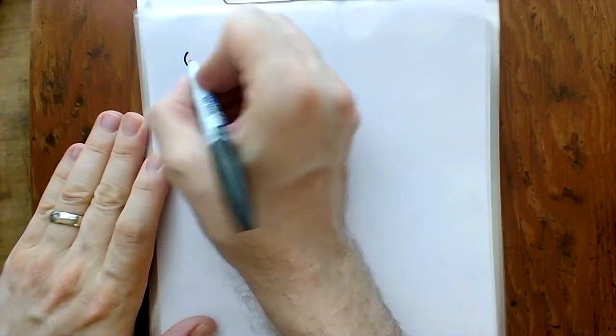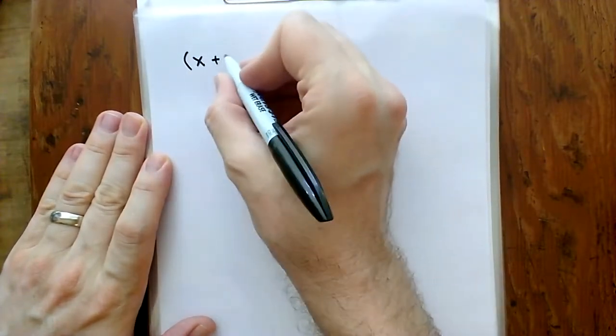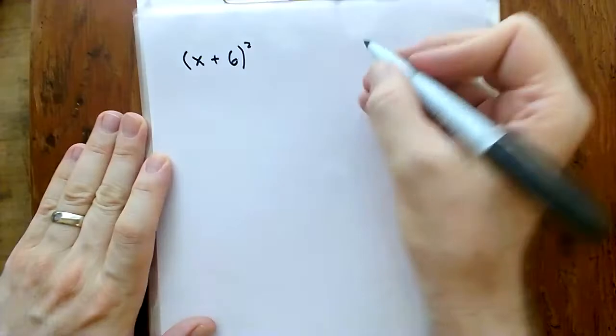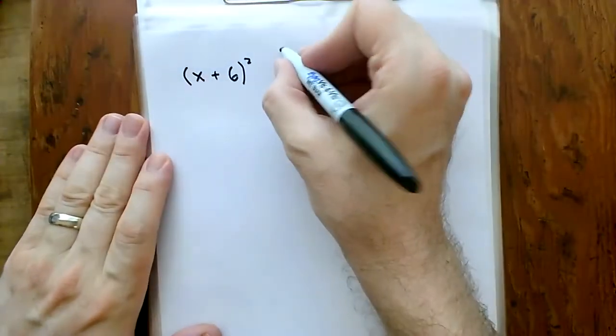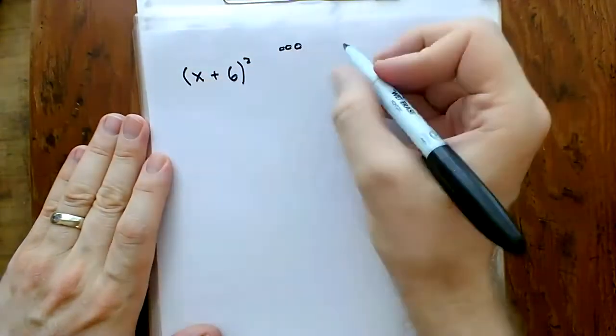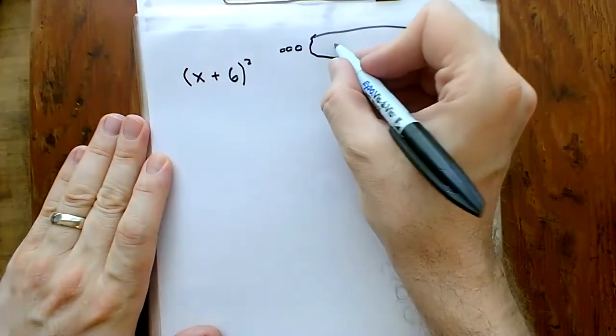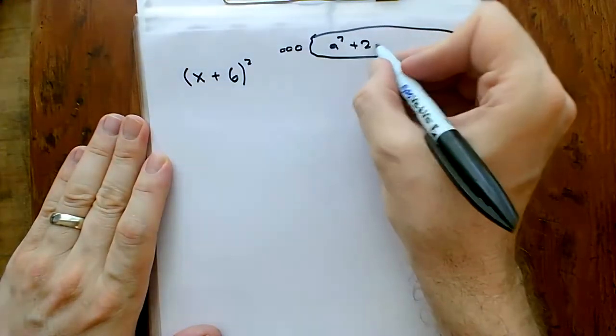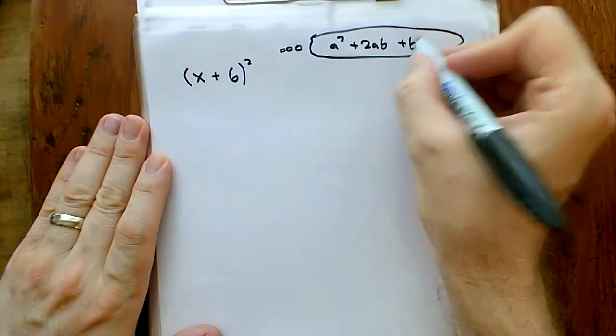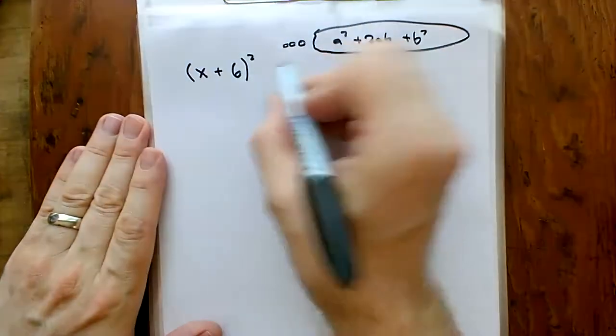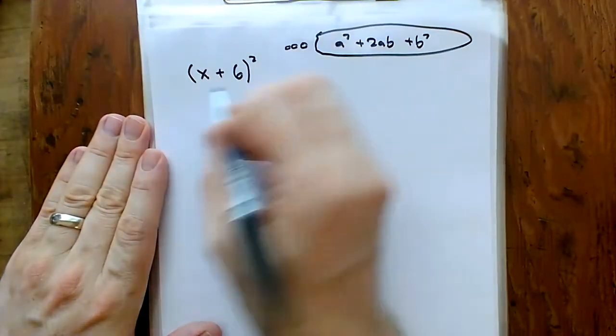So let's say I've got x plus 6 squared. Now remember, we're thinking about this less in terms of x plus 6 times x plus 6 and more in terms of a squared plus 2ab plus b squared. So we're going to be utilizing this shortcut.